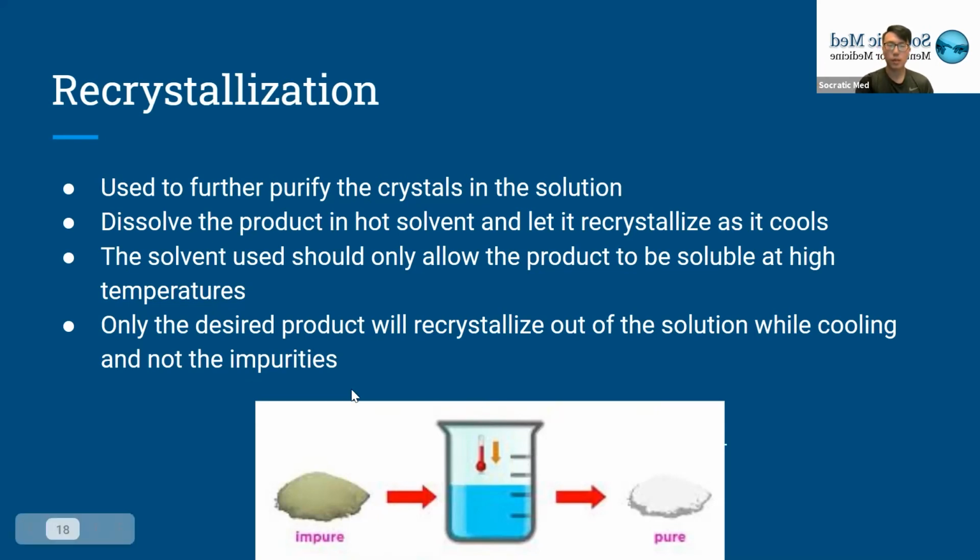Because the other impurities are not only soluble at high temperatures, they will remain in that solution until the temperature is way lower. So once you extract out that pure product, all the impurities will remain in that solution until that solution is cool. That's recrystallization to purify the product.